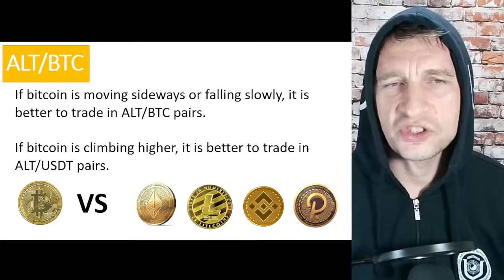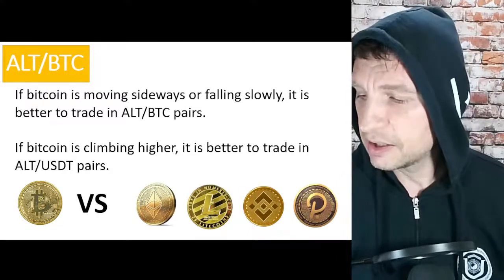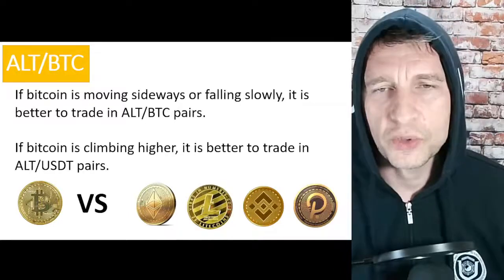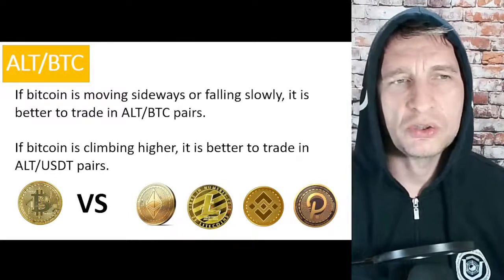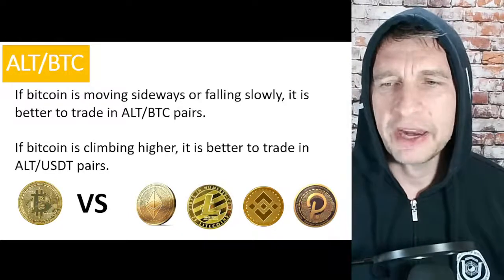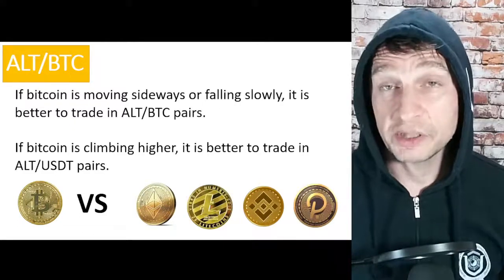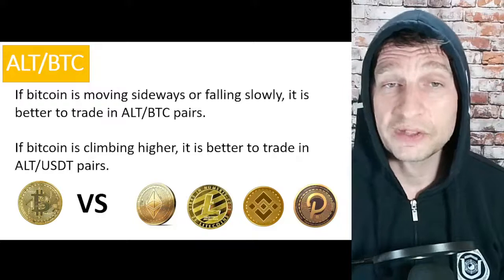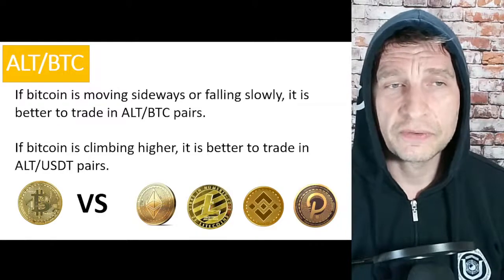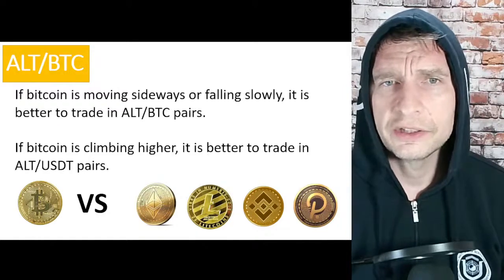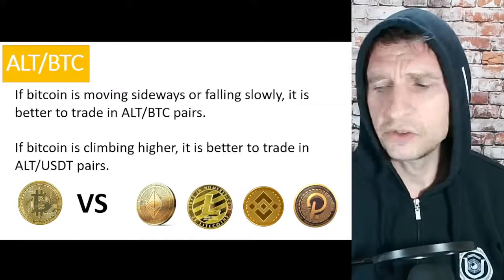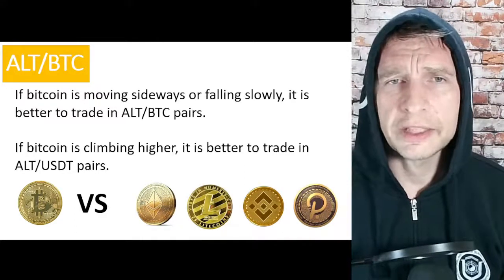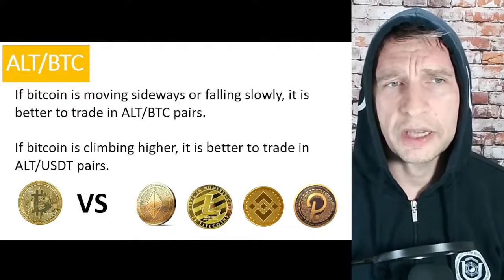So I would suggest that for the beginner, if you are not spending every waking moment trading, the best bet would be to trade in USDT pairs and also spot trading rather than leverage or futures trading, because that's certainly not for the faint of heart, and you need to be aware of what you're getting yourself into.